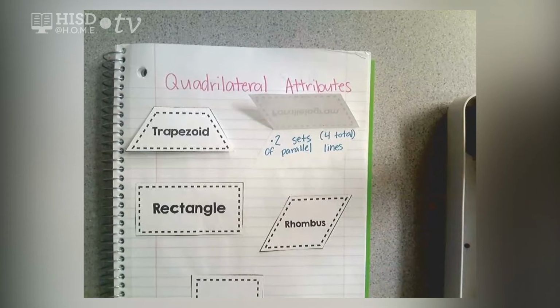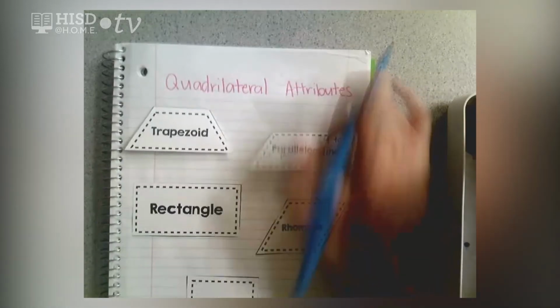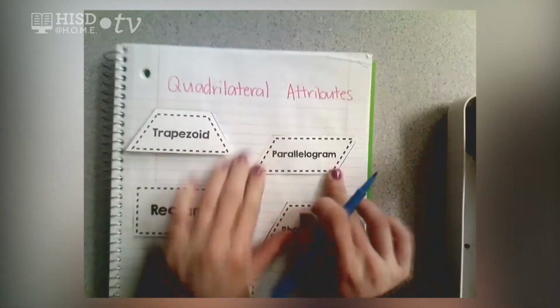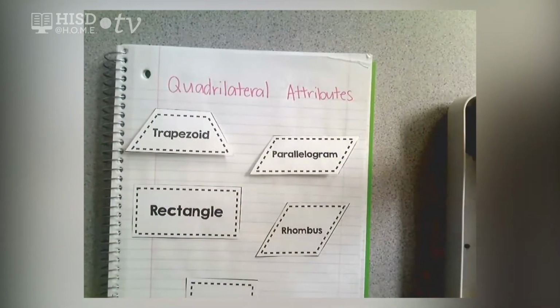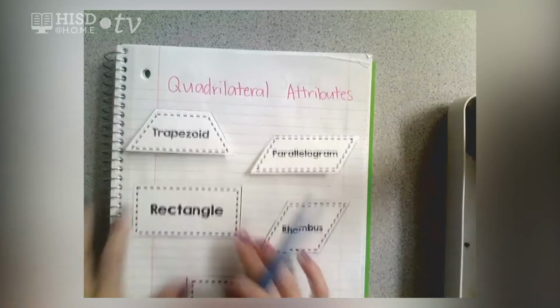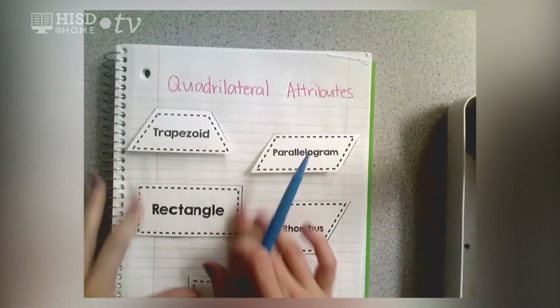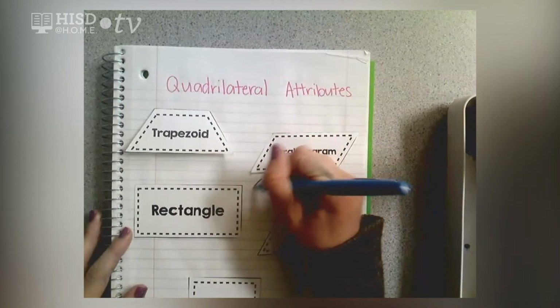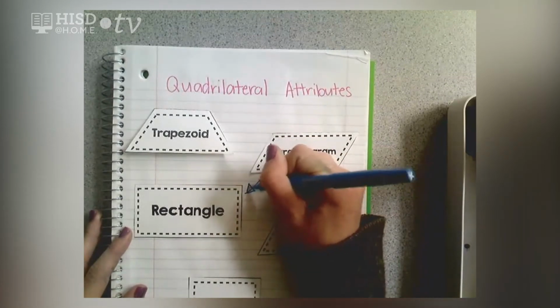It has two sets of parallel lines, which means these two lines are parallel to each other, and these two lines. It doesn't have to be angled this way. It can be whatever way it wants, which means if a rectangle has parallel lines here and parallel lines here, it can also be considered a parallelogram.